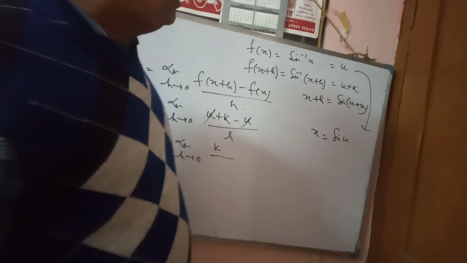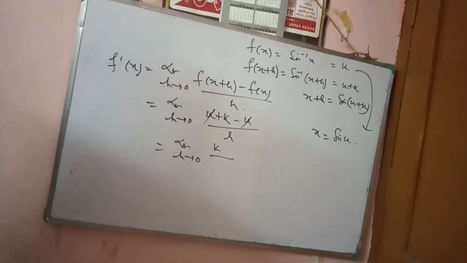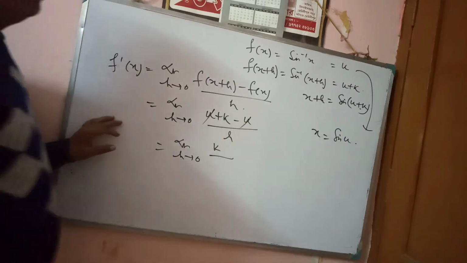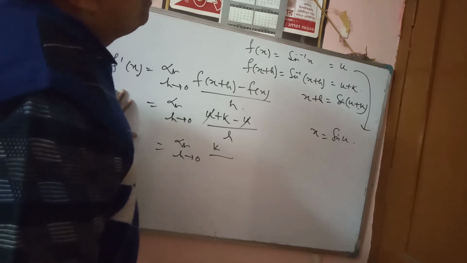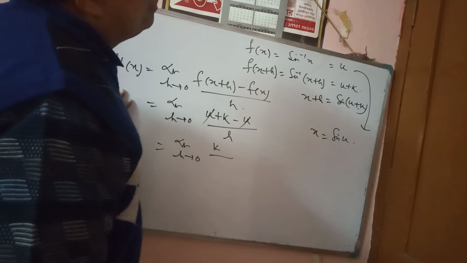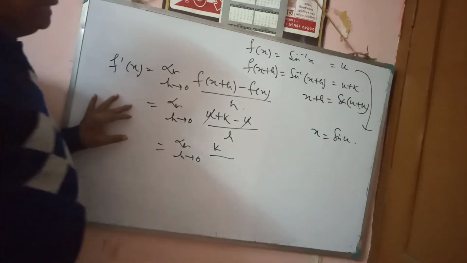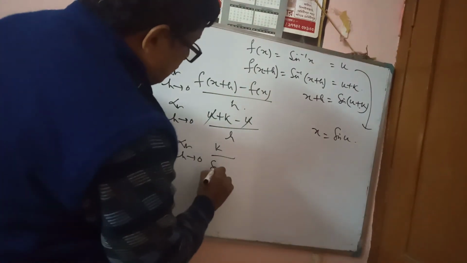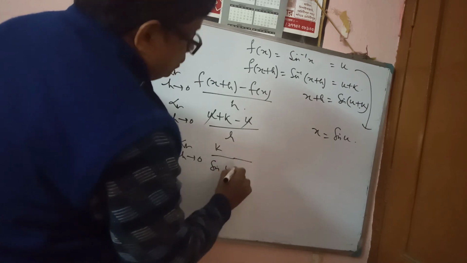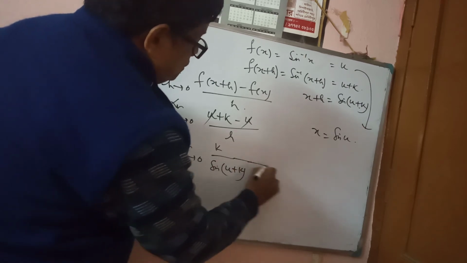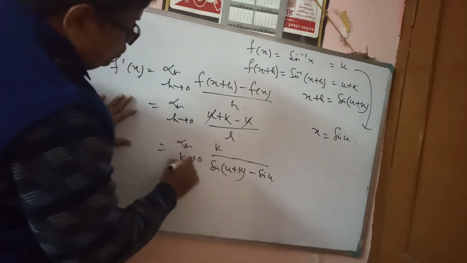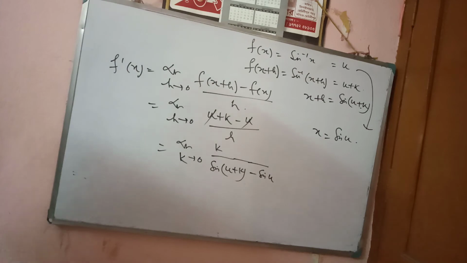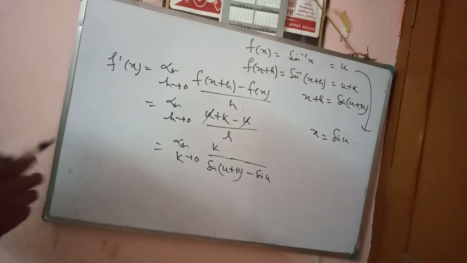So if h tends to 0, then we can say k also tends to 0. Keep in mind. Now h you can write as sin(u plus k) minus sin u.